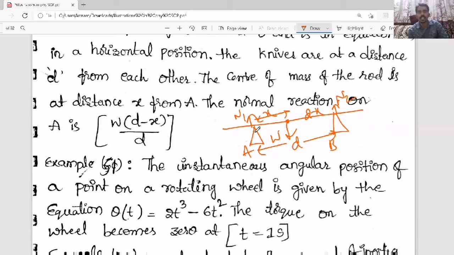As they are asking the normal reaction at A, if you consider the reference point as B, then you can find the torque about this point. Then the torque of N2 will become 0, so N2 will be avoided from the equation. Then you can find the N1 value. But you have to take the torque properly: what is the perpendicular distance, and whether it is anti-clockwise torque or clockwise torque.